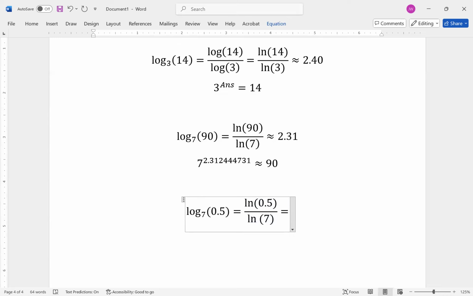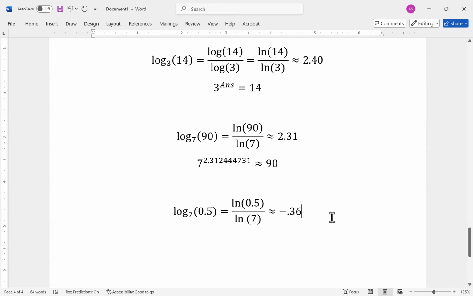When I do that on my calculator, I end up with a negative 0.36 if I round to 2 decimal places. Let me just signify that that is rounded. And again, that means if I take 7 raised to the negative 0.3562071 number, then I'd get right about 0.5.